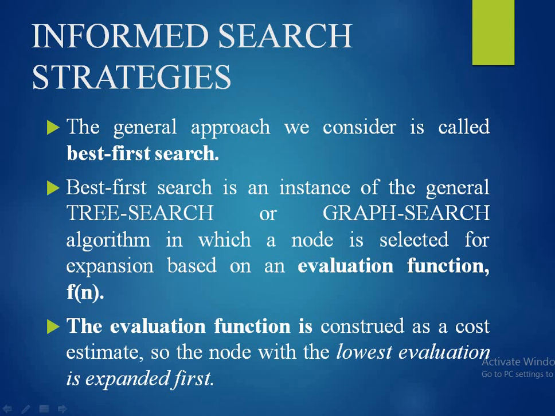Best first search is an instance of the general tree search or graph search algorithm. These tree search and graph search algorithms we have seen in our earlier videos, so you can take the reference of those videos to understand them. Here, in the tree search or graph search algorithm, a node is selected for expansion based on an evaluation function, and this evaluation function is denoted as f(n).